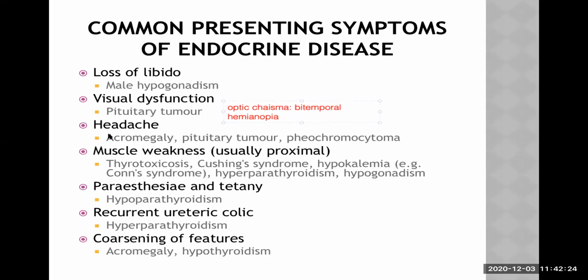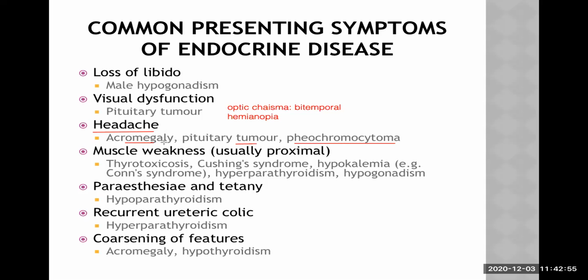Another common symptom is headache. See here. Headache commonly occurs in acromegaly, pituitary tumor, or pheochromocytoma. Now, there may be different reasons for this. Acromegaly is related with pituitary tumor, a pituitary tumor which secretes growth hormone in excessive amount. Because of that tumor inside the cranial cavity, the person develops headache.